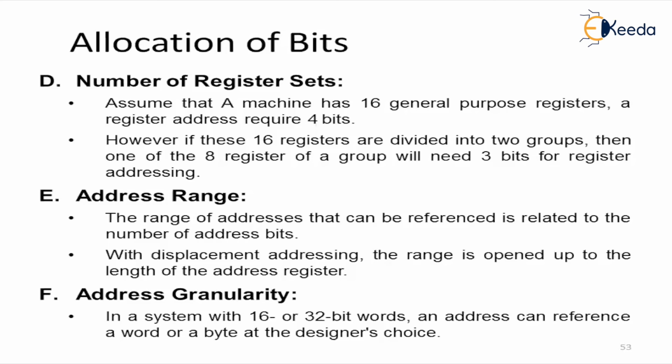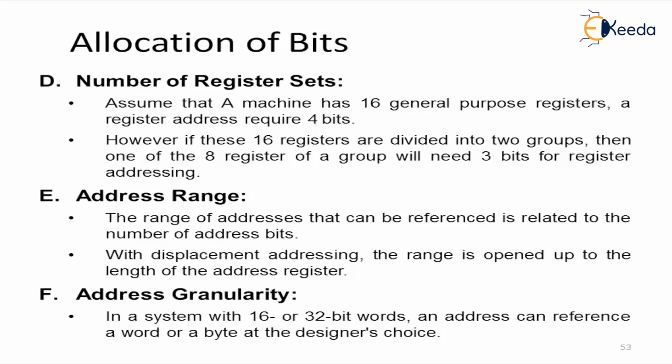You have 16 general purpose registers, and you are dividing them into groups, 1 of 8 registers. Why are 3 bits required? We are aware that registers work in binary, so 2 raised to 3 is 8. So we require 3 bits for register addressing.